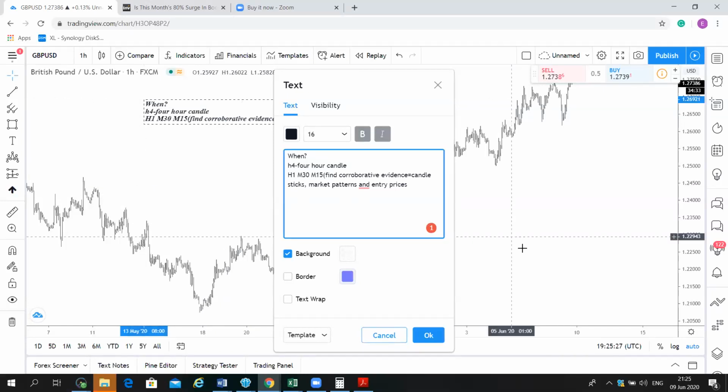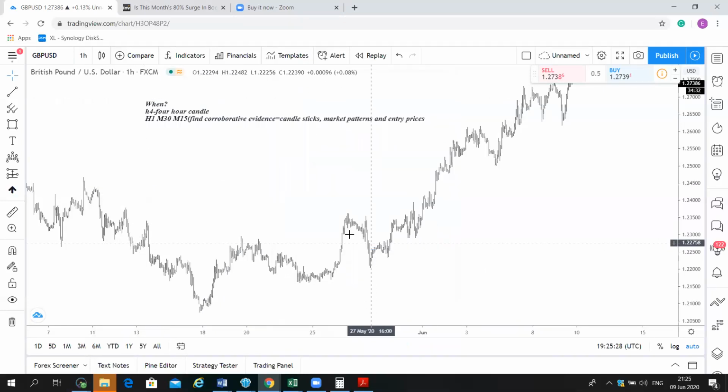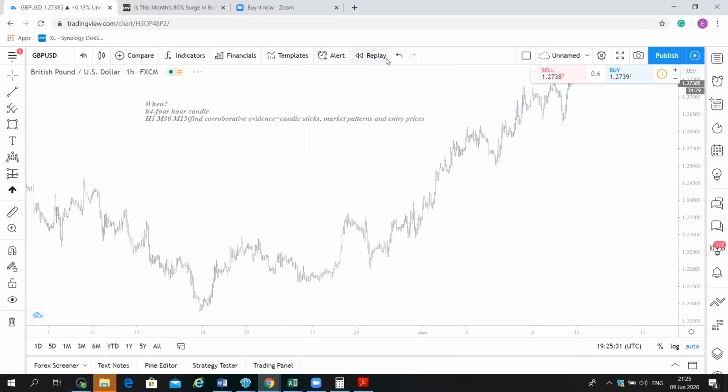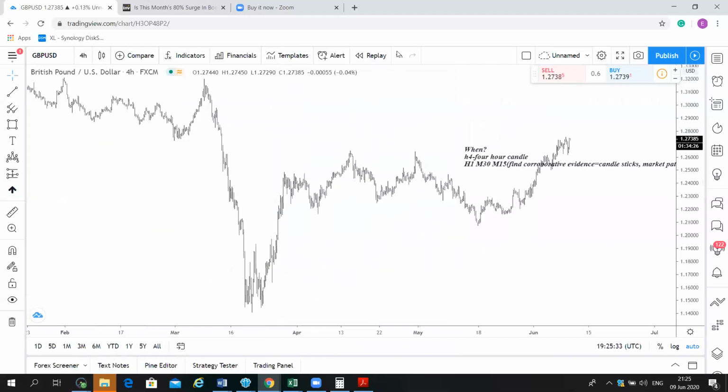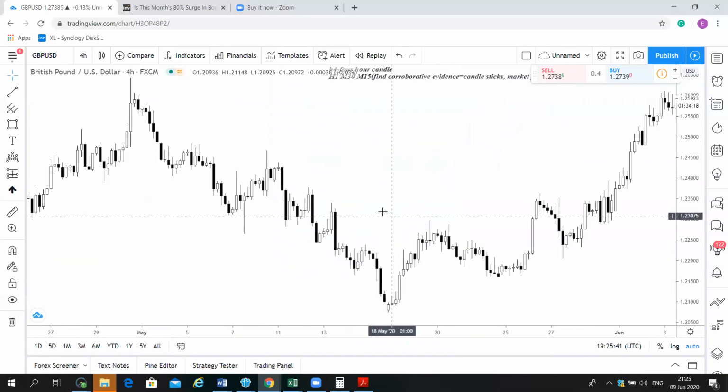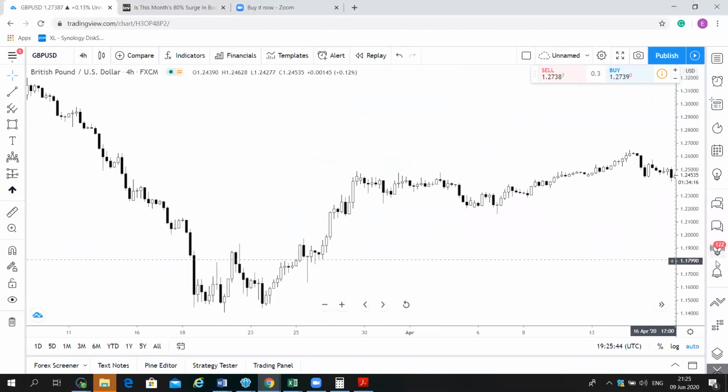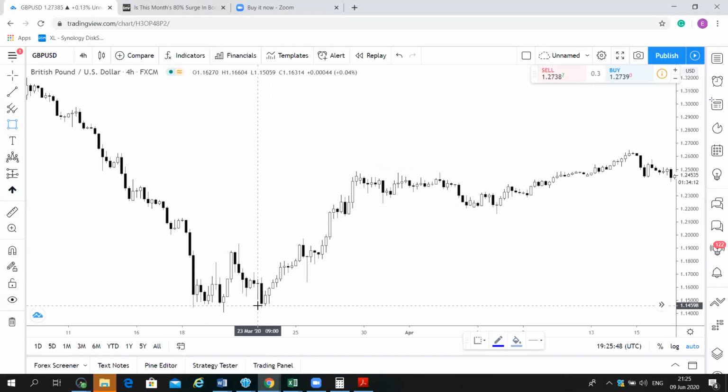For instance, if you have a double bottom or a double top. If you have a double bottom on an H4, I can give you an example. You cannot say you want to sell, you want to buy here.